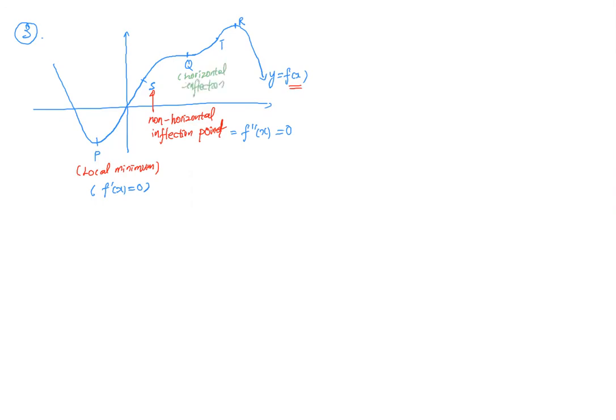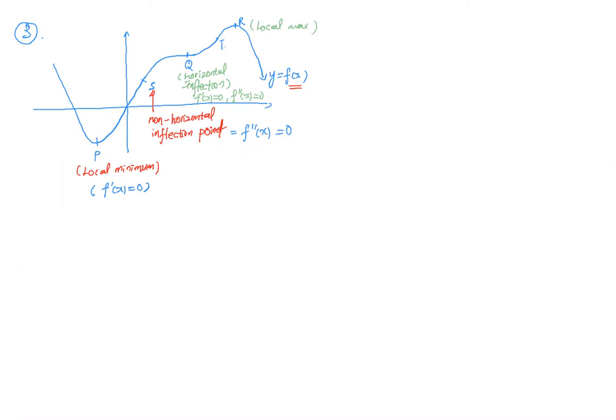So this one, you will have f prime x equal to 0 and f double prime x also equal to 0. This is the same as S, and this is called local maximum. Same as local minimum, the situation.